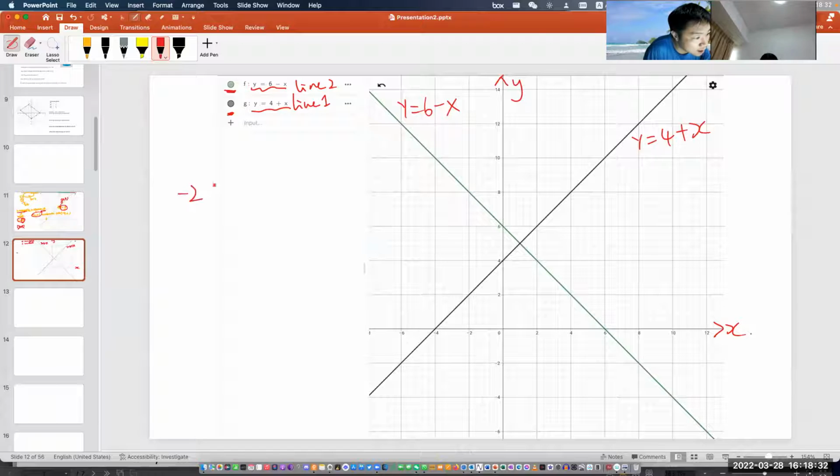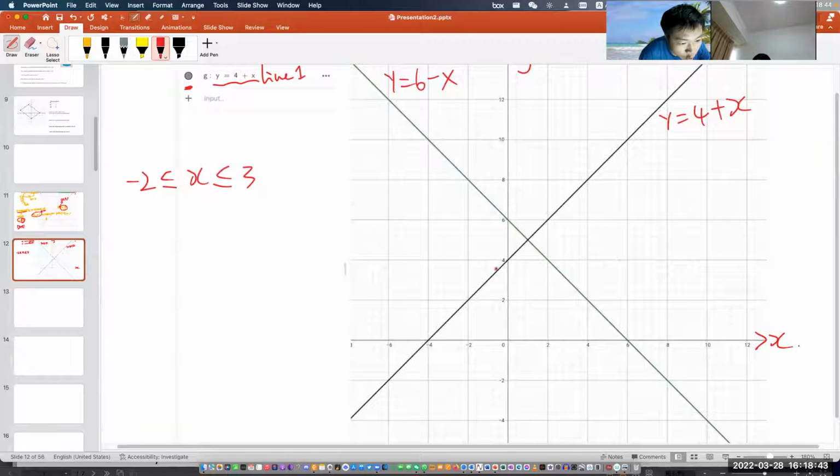If you look at your completed GeoGebra graph, your x starts from -6 to 12, while the given range for x is actually -2 to 3.